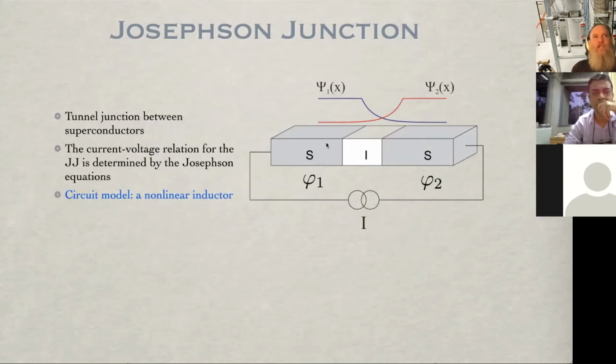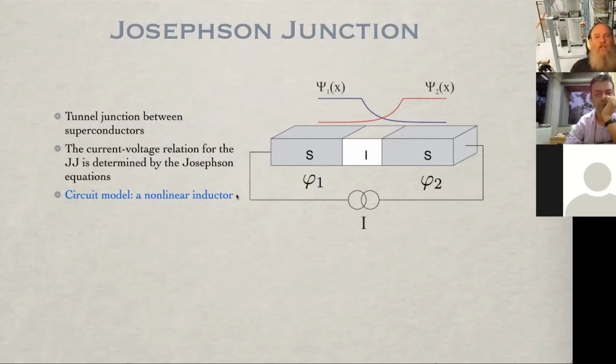I imagine I have two pieces of superconducting metal, and I have a very thin insulating barrier, which is typically, in real devices, a couple atoms thick. And then the superconducting wave function on the two sides leaks across, and there's some overlap. And so I can get some supercurrent through this device, even though there's an insulator. And this is the Josephson effect.